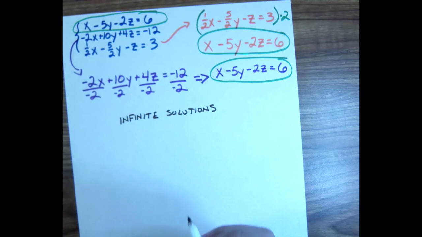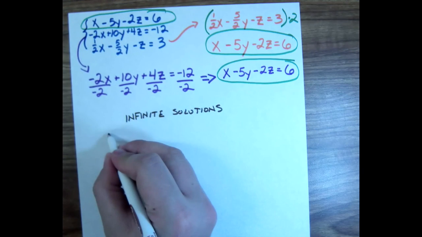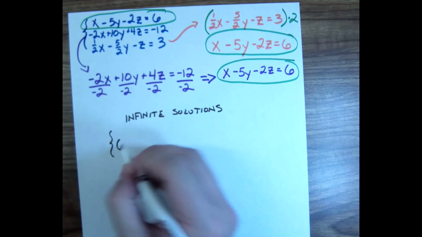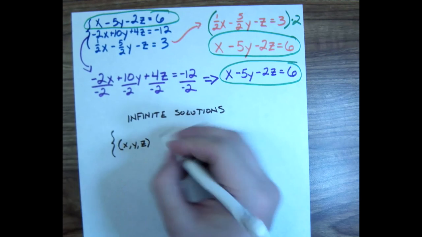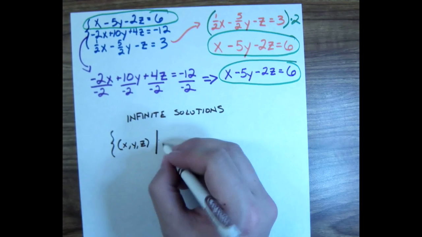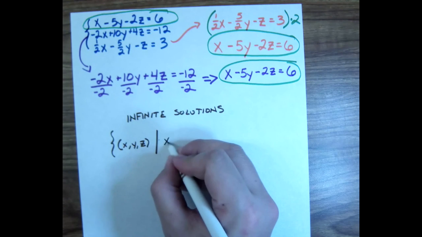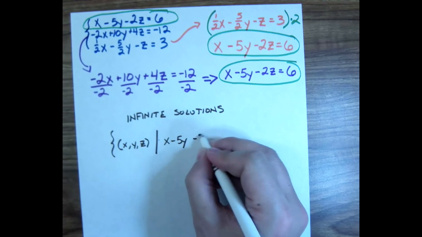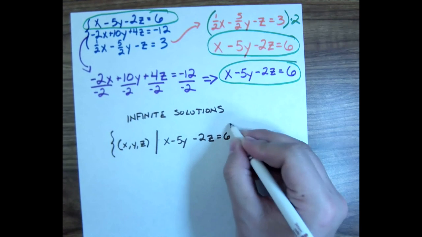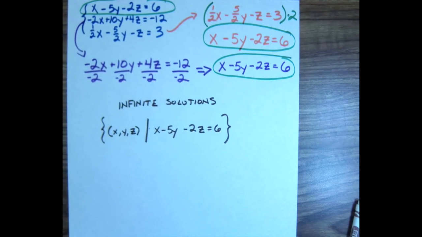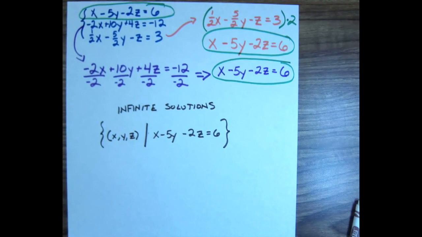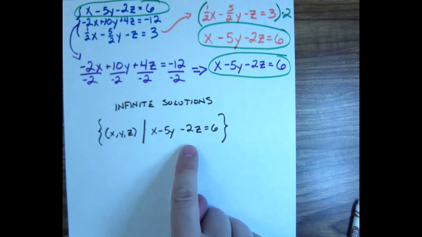Now, you will occasionally see this written like this: the solution is the coordinates x, y, and z such that, from our set notation we did a few weeks ago, x minus 5y minus 2z equals 6, which is the equation. You will see this written both ways. If the person writing the question is in a good mood, the answer will be infinite solutions. And if they're in a bad mood, it'll be x, y, and z such that this equation is true.